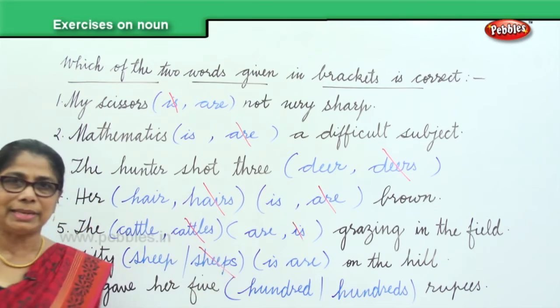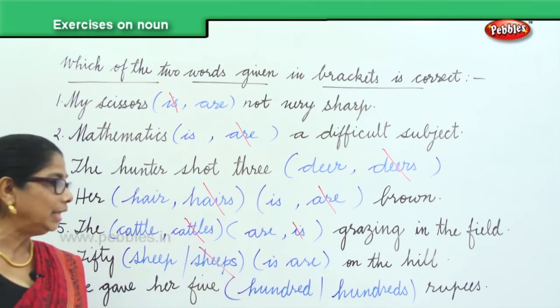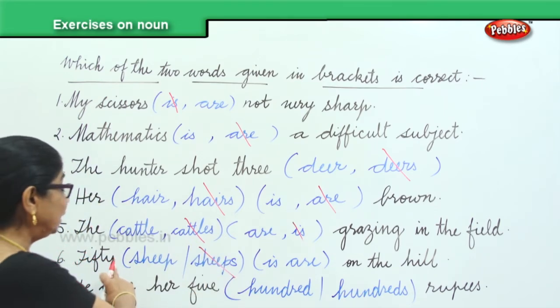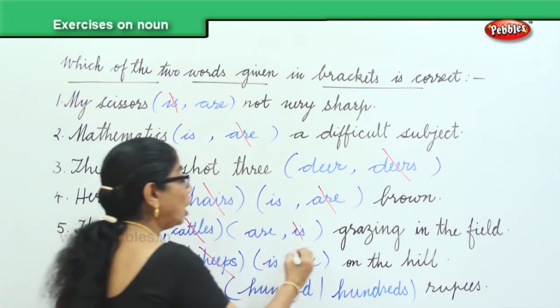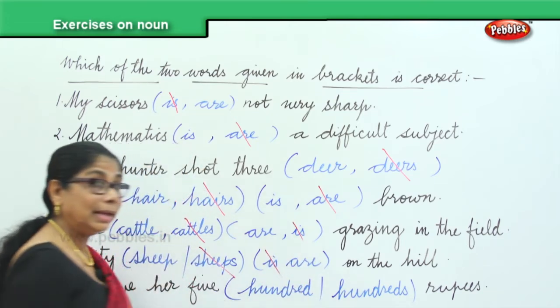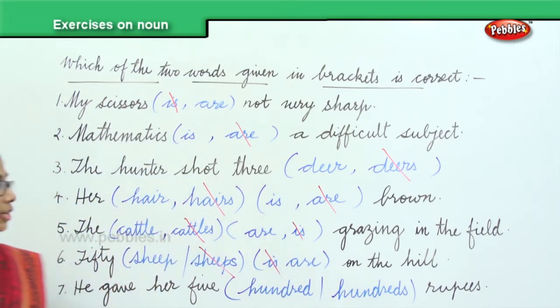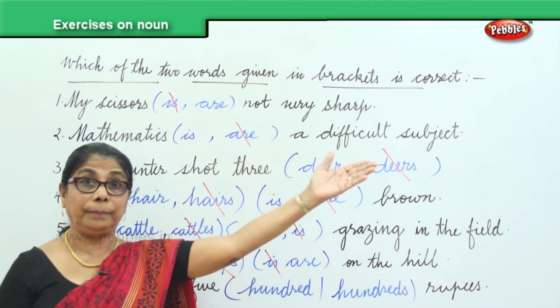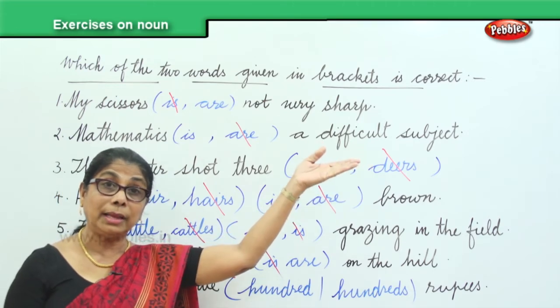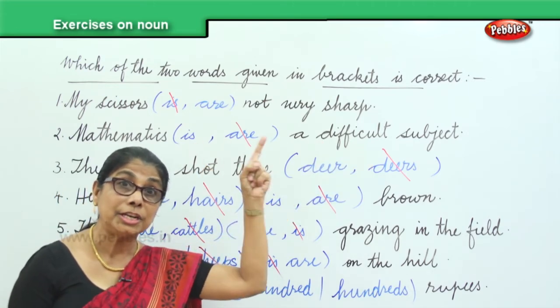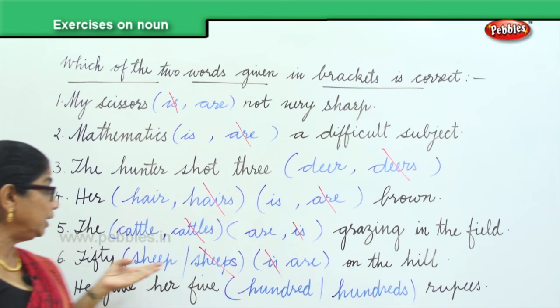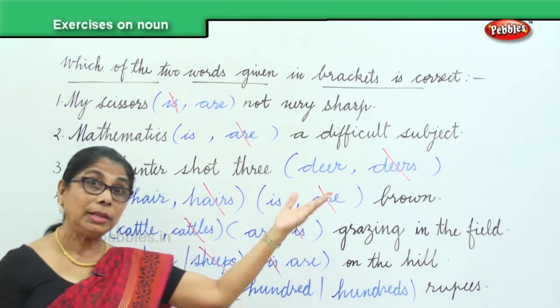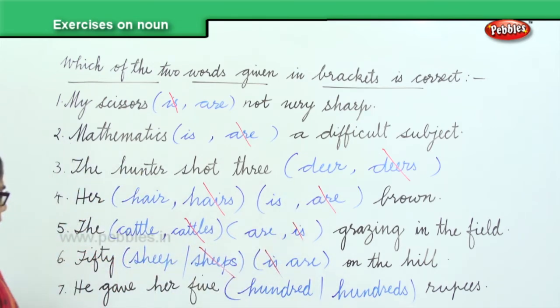This is wrong, so we take that away. 50 is a big number, so are. We do not need is. 50 sheep are on the hill. How many you counted on the hill? 50 sheep are on the hill. You counted them all.